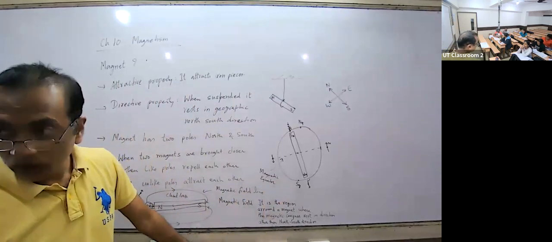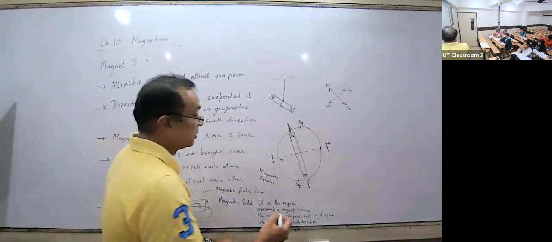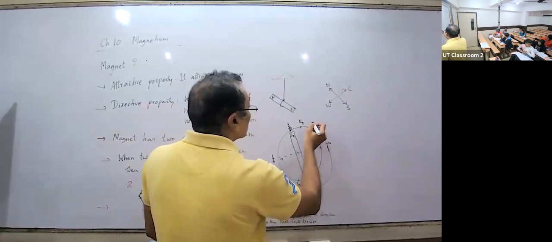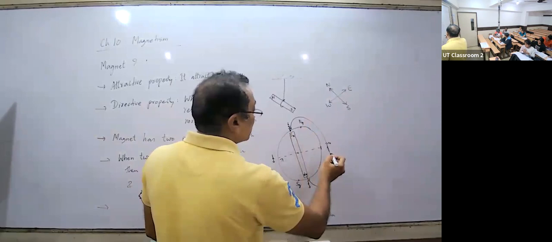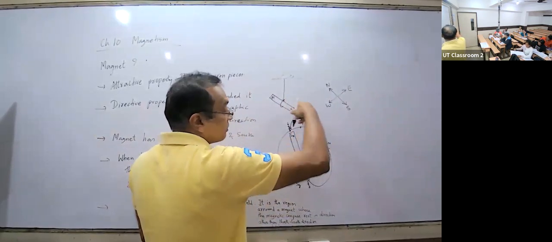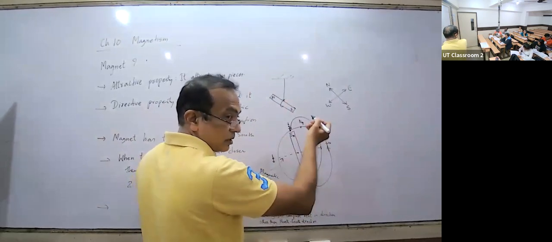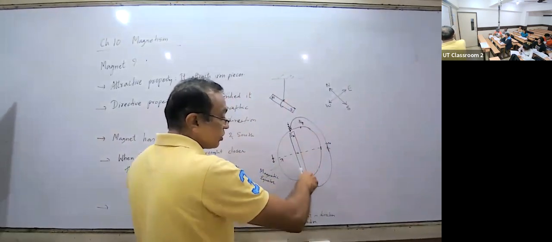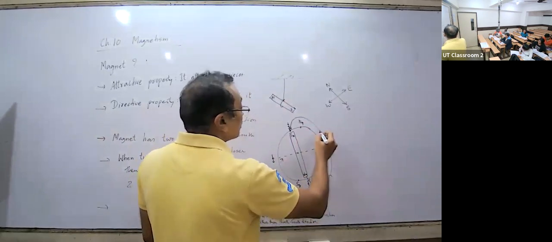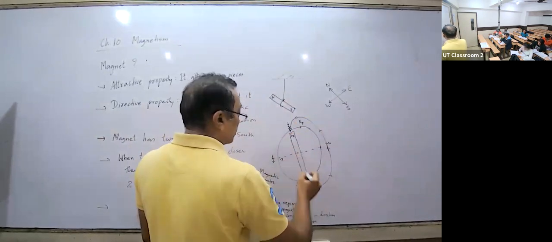Right? So on the earth, the field is something like this. That is why here the needle becomes vertical, whereas here it is aligned. So it is always aligned in the direction of the field. This is also how the field is. Got it?